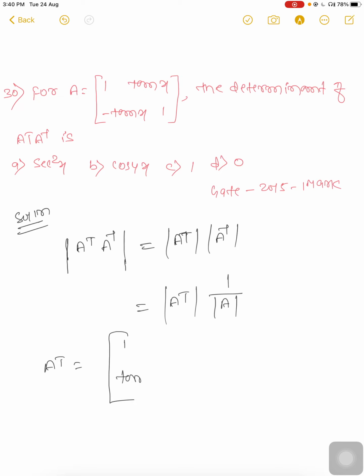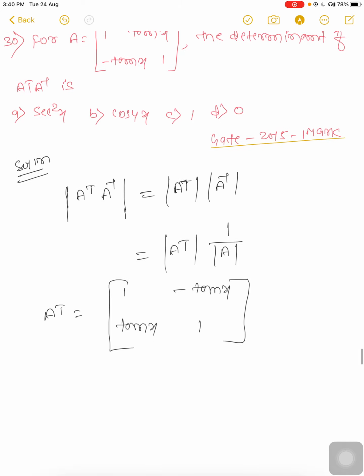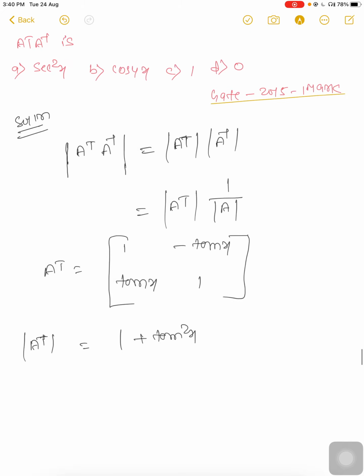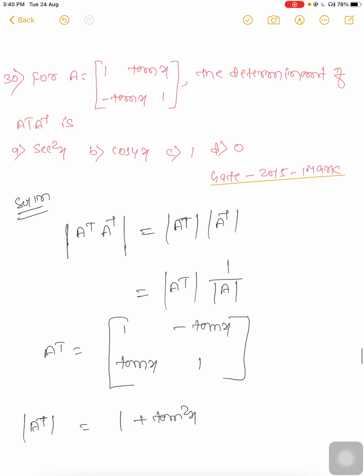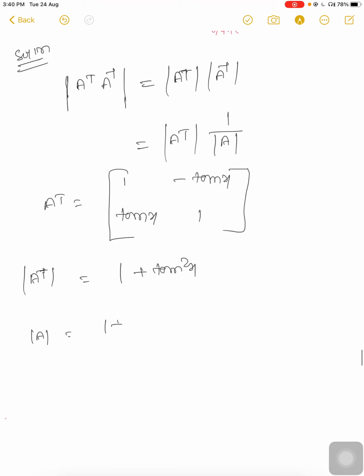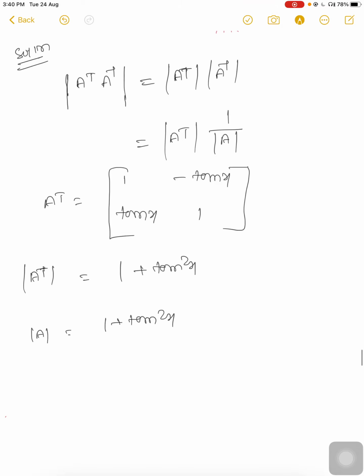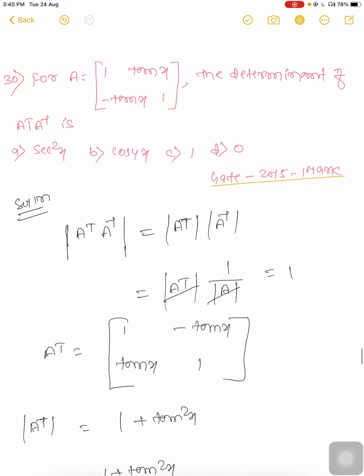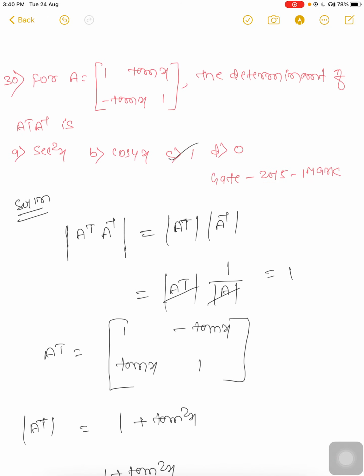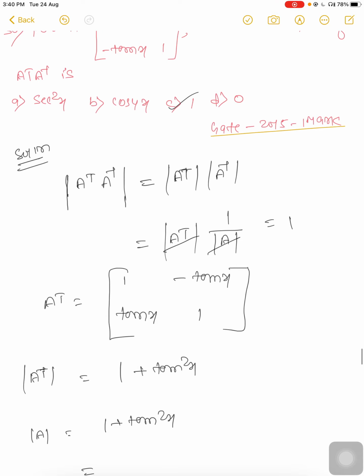A transpose is nothing but 1, minus 10x; 10x, 1, and take the determinant. The A transpose determinant will be 1 plus 10 square x. The A determinant is also 1 plus 10 square x. Both are the same, so they cancel out and you will get 1 as the answer. So option C will be the right answer.